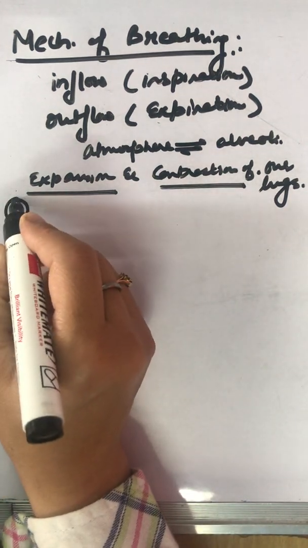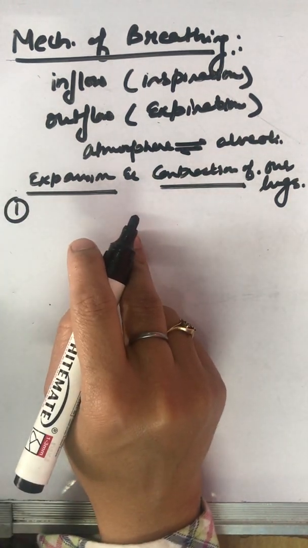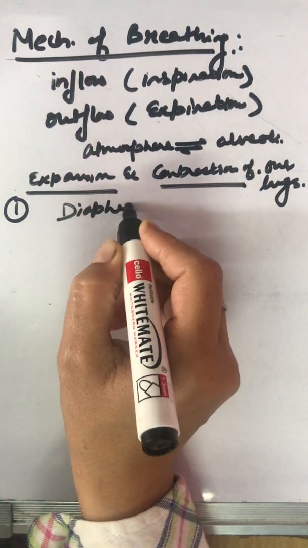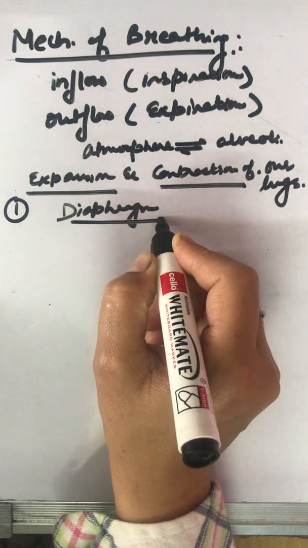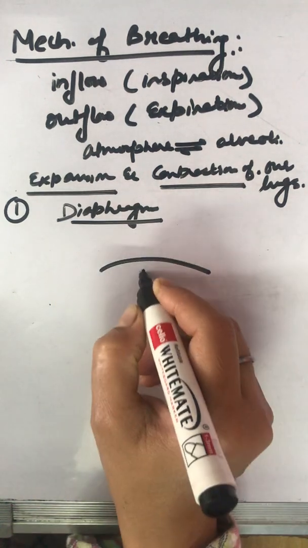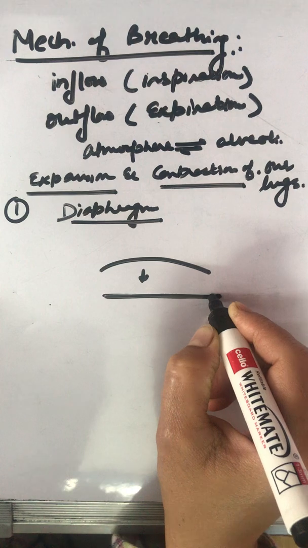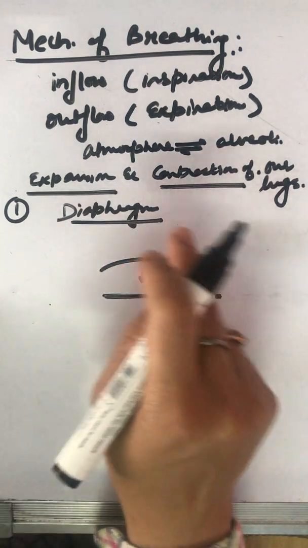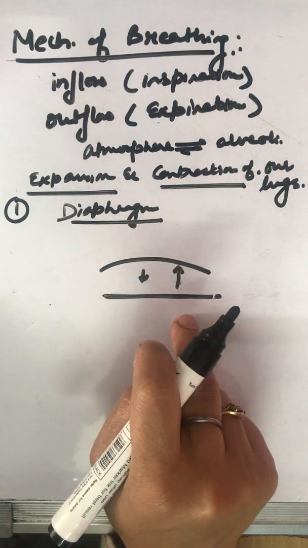The first one is the activity of the diaphragm. The downward movement, that means when it gets flattened, and the upward movement of the diaphragm increases and decreases the diameter of the thoracic cavity.